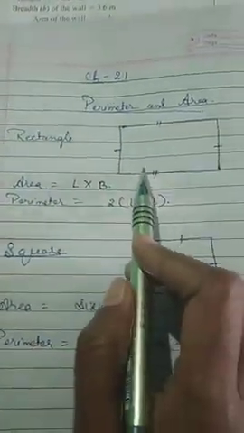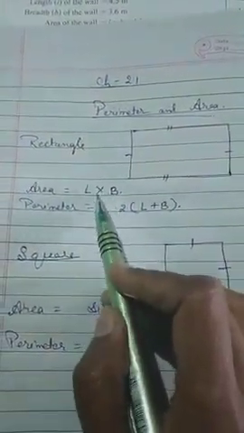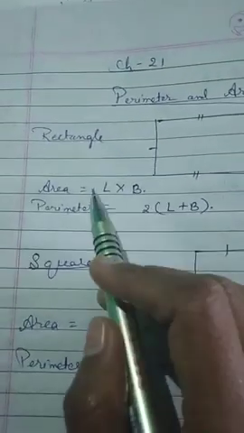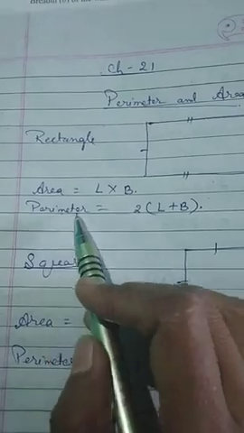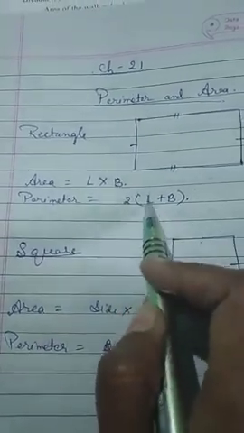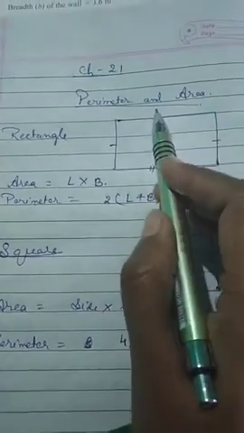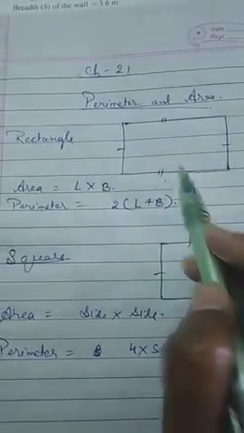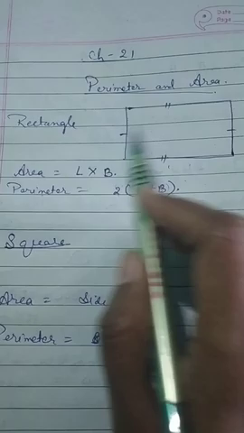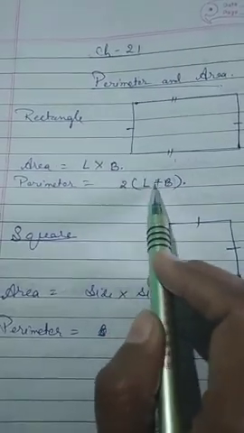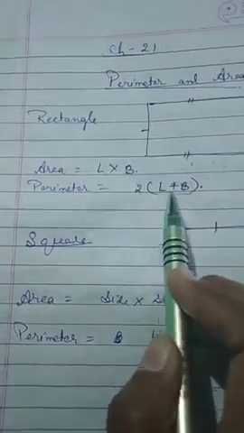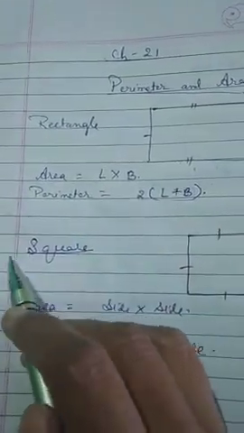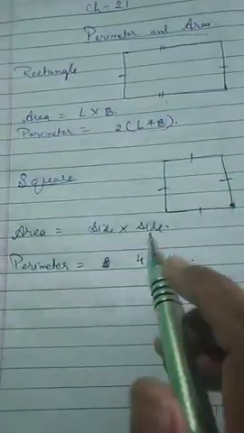The area of a rectangle is length into breadth, L into B. And the perimeter of a rectangle is twice of L plus B, because opposite sides of a rectangle are equal, so 2 times length and 2 times breadth.